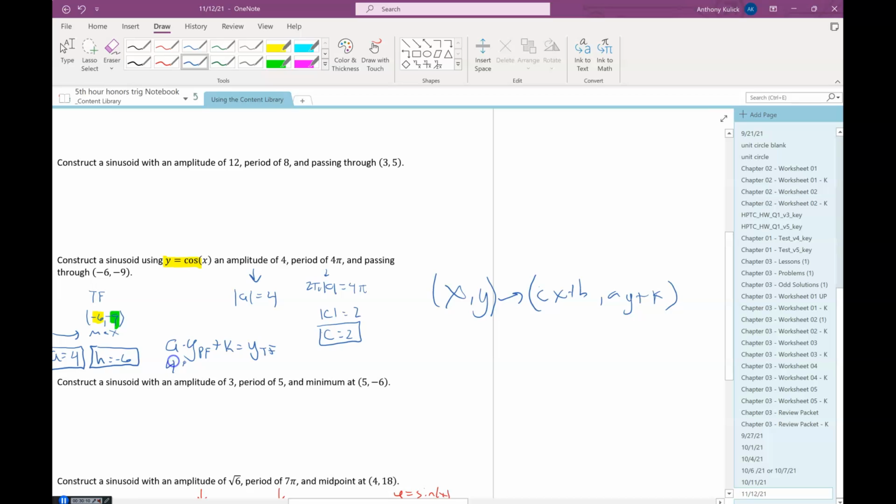So I just have 4 times 1 plus k should equal -9. That just tells me k is -13.